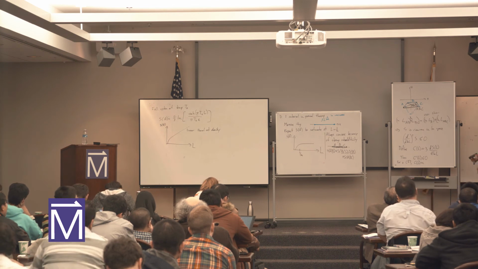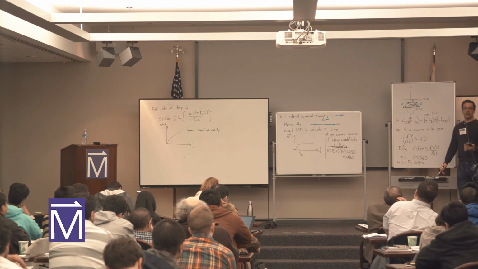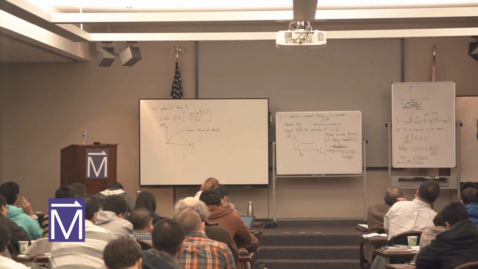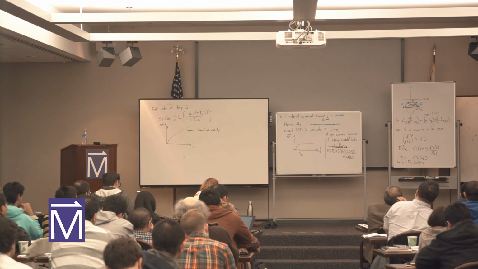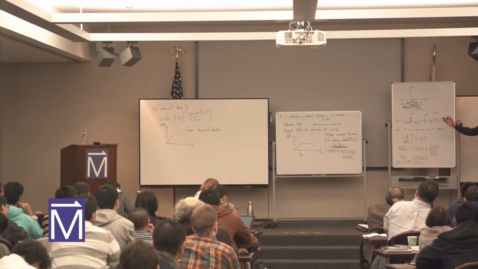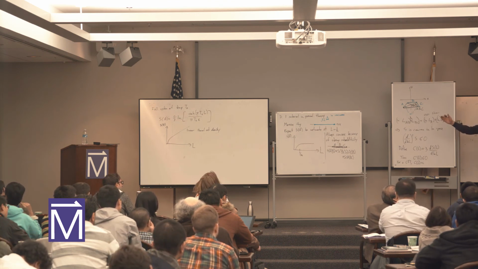But that means that if my theory is an RG flow connecting a UV fixed point to an IR fixed point, when L is very small, the entropy will be that of the UV fixed point. And when L is very large, the entropy will be that of the IR fixed point.